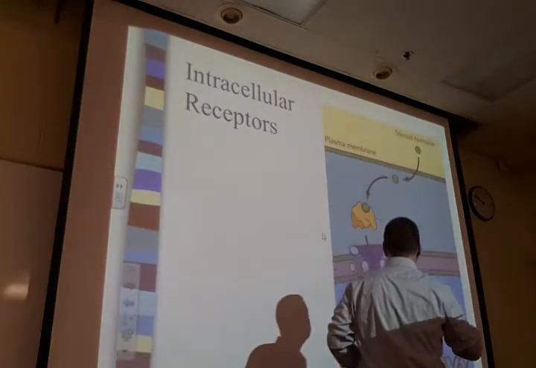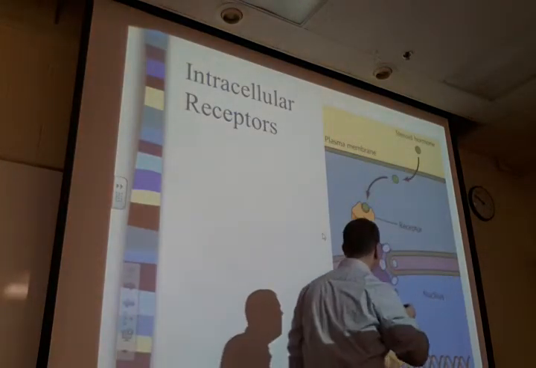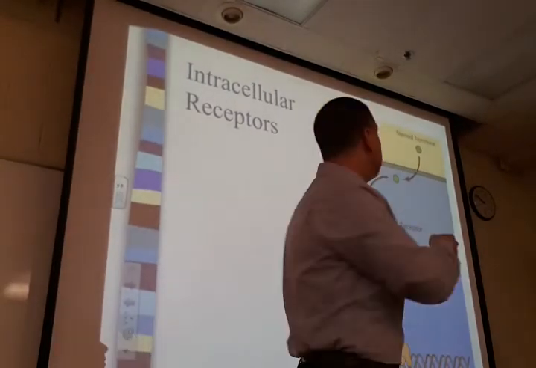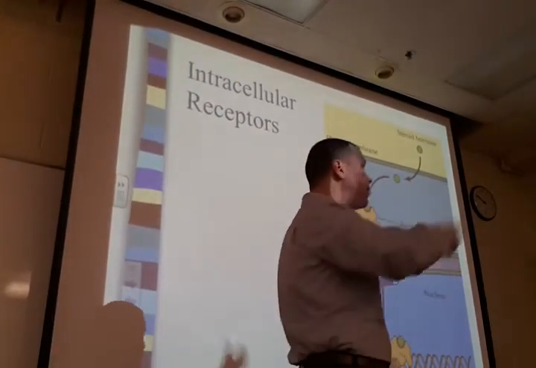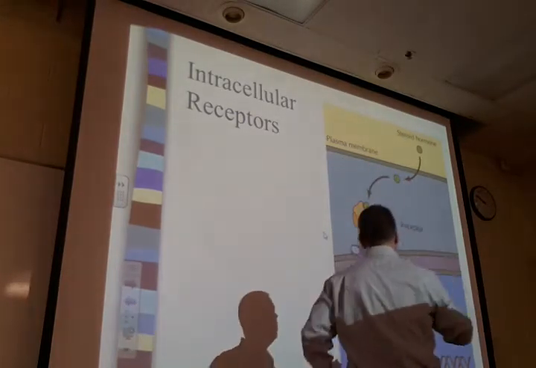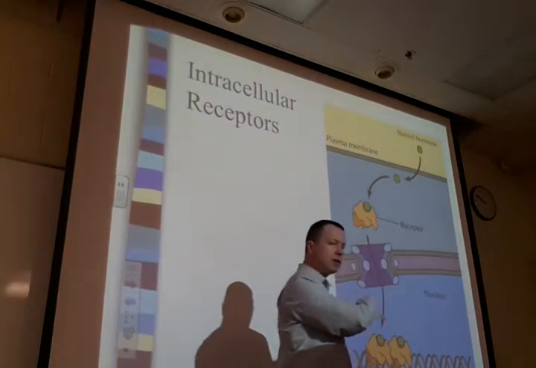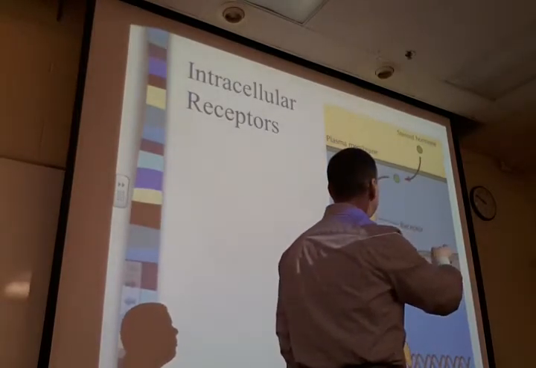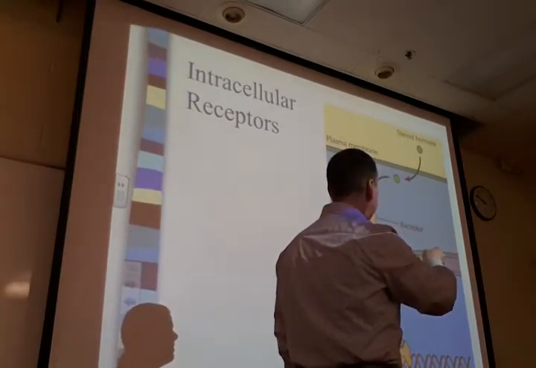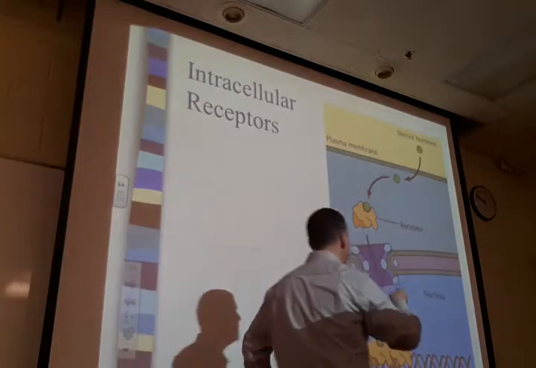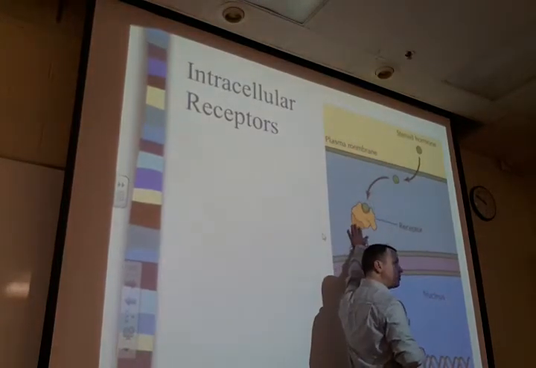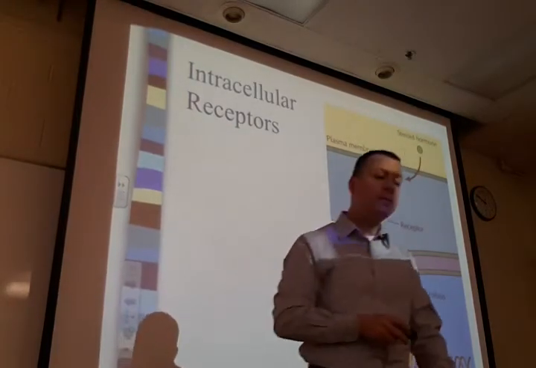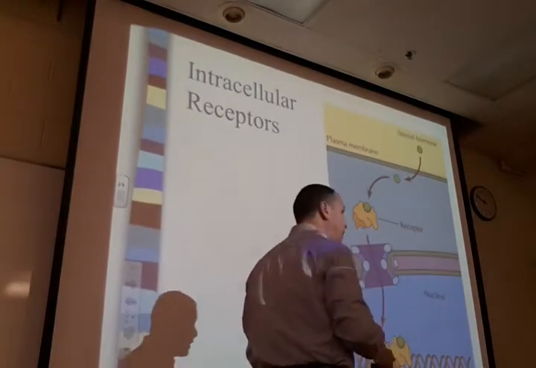So what we see quite often, in fact most of the time, is that steroid hormone receptors are usually intracellular. Those receptors are floating around the cytoplasm. And that's what they're showing us here. Just in general, we're not going to look at a specific example, but a generalized one. So here's a steroid hormone that can get right across the membrane because it's a lipid. It hooks up with its intracellular receptor, and these receptors are very often transcription factors.